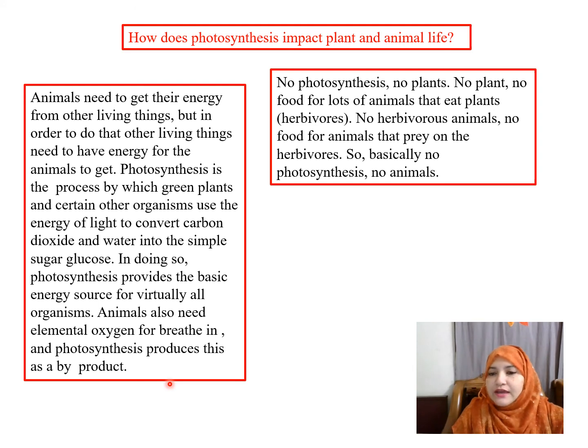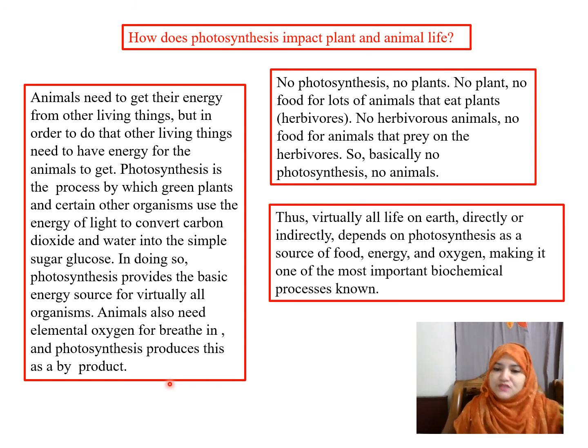And no plants, no food for lots of animals that eat plants. The animals that eat plants are called herbivores, and no herbivorous animals, no food for animals that prey on the herbivores. So basically no photosynthesis, no animals, and no plants.